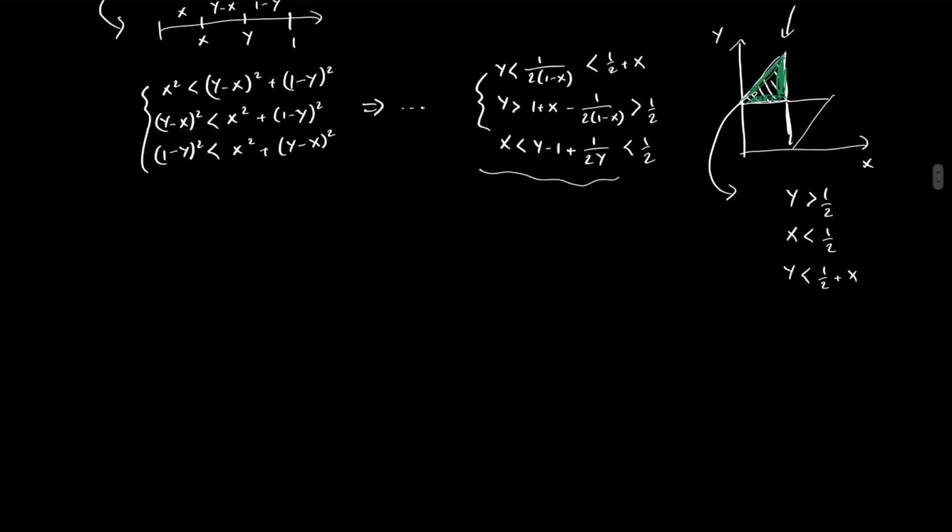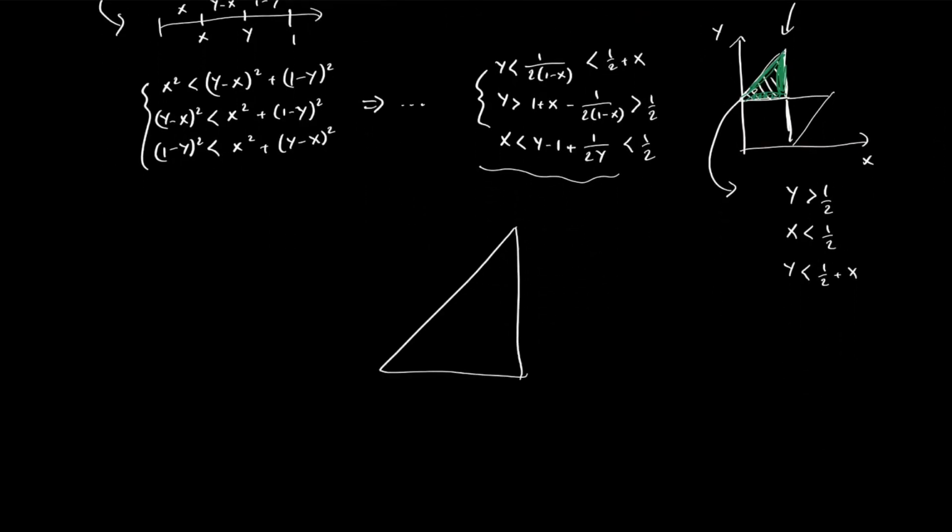So if we zoom a bit more on this region, we can see that this is the line of equation y equal 1/2. This is the line of equation x equal 1/2. And this is the line of equation y equal x plus 1/2. And now, thanks to the new inequality above, we just identify the line of equation y equal 1/2 plus x minus 1/2 (1 minus x).